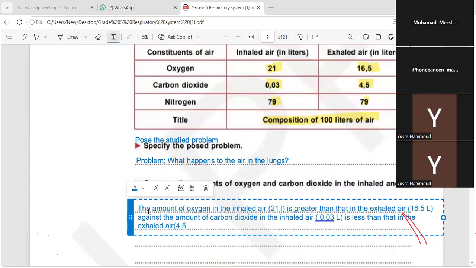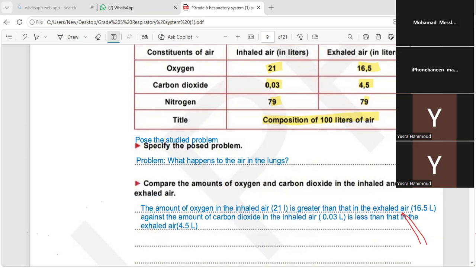Read it from the table. 4.5 liters. Yes.